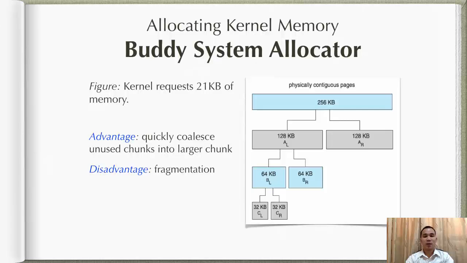That means CL plus CR is equal to 64 KB, going up until the original 256 KB. The drawback here is fragmentation. For example, a 35 KB request can only be satisfied with a 64 KB segment, its next higher power of 2.